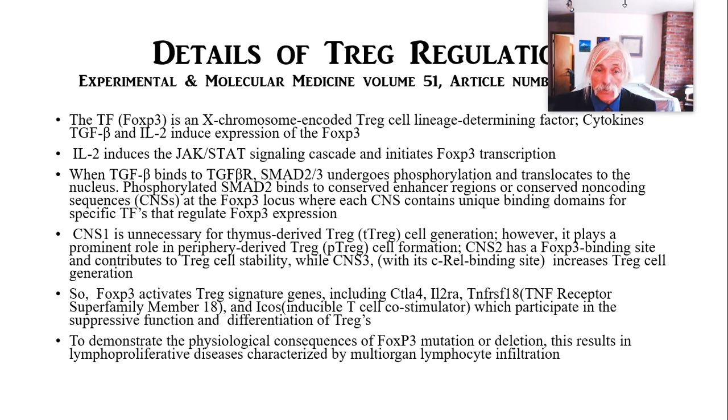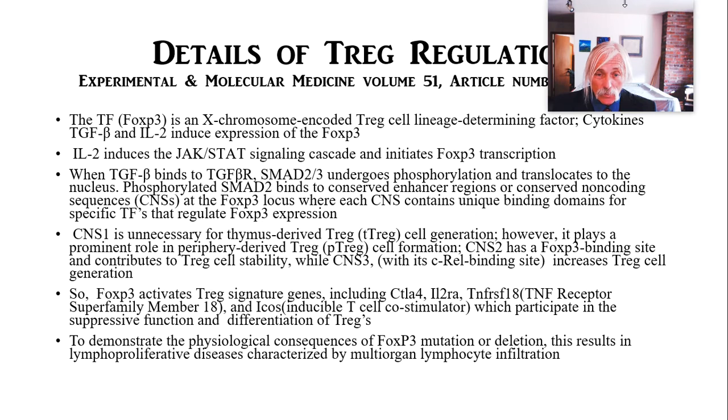So interleukin 2 induces this paradigmatic pathway called JAK-STAT, which is basically a kinase cascade, and it initiates ultimately FOXP3 transcription. When TGF beta, that's of course a pro-inflammatory cytokine, binds to its receptor, SMAD2/3, this is going to be a co-adapter intracellular molecule, undergoes phosphorylation, and what it does when it gets phosphorylated, it translocates to the nucleus.